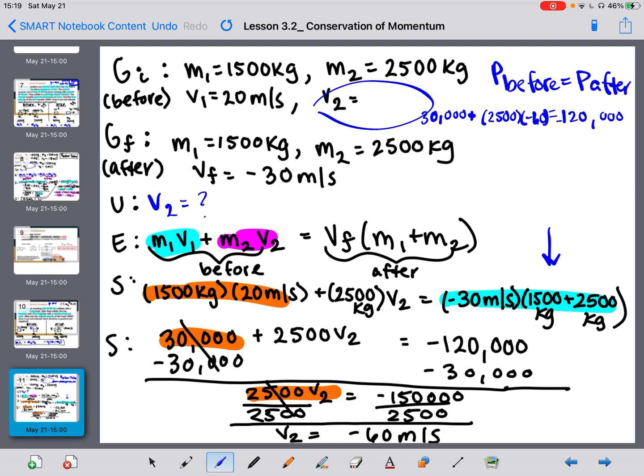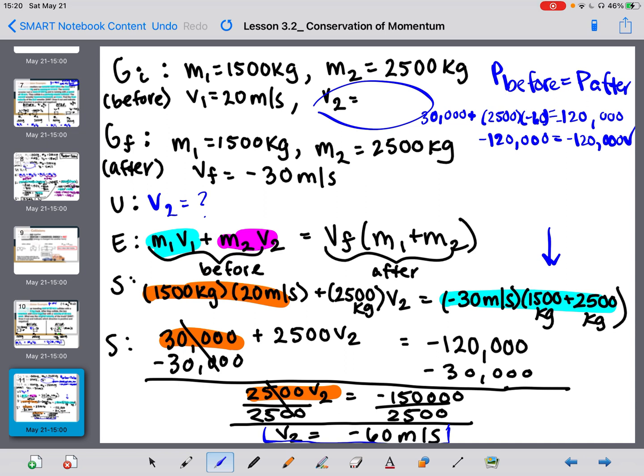If we check that out, 30,000 plus 2,500 times negative 60, we would actually get negative 120,000 equals negative 120,000, which is exactly what we want to see. So momentum is conserved in this inelastic collision, which is very much true. If not, you'd be violating a fundamental law of physics.